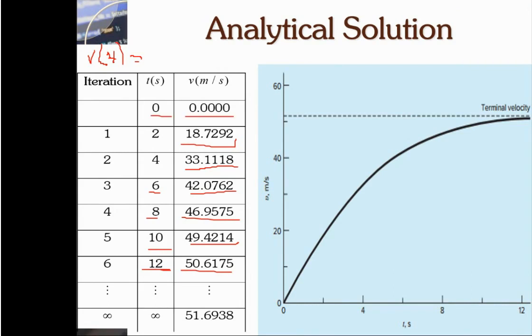At 2 seconds, we have 18. At 4 seconds, 33. At 6 seconds, somewhere around 42. At 8 seconds, 46.95. At 10 seconds, somewhere around 49.42. And at 12 seconds, we have somewhere here.